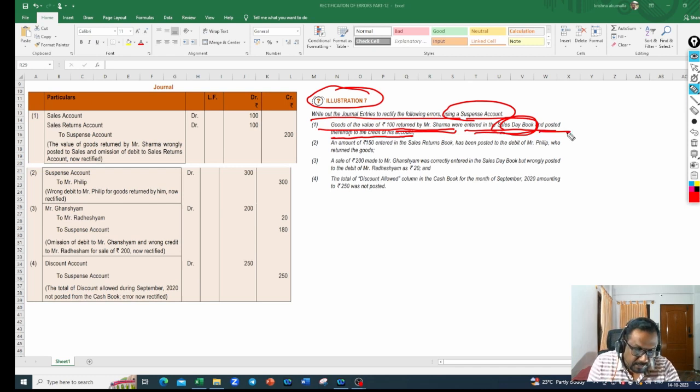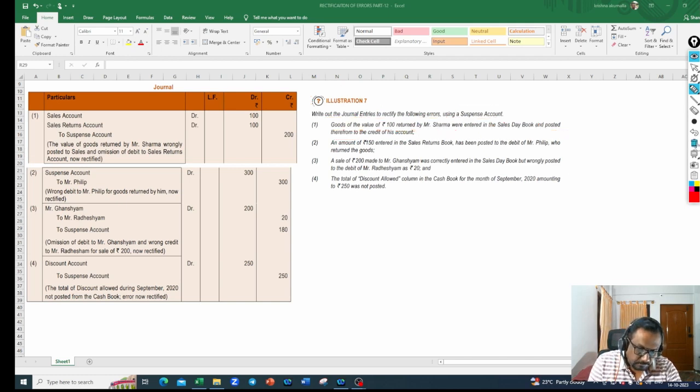That is one important mistake. Then, posted thereon to the credit of his account. If the sales returns are done, we are supposed to debit sales returns account and credit his account. So his account is posted correctly to the credit, but instead of sales returns account, they posted to sales book account. That is what we need to rectify. Next, an amount of 150 entered in the sales return book has been posted to the debit of Mr. Philip, who returned the goods.